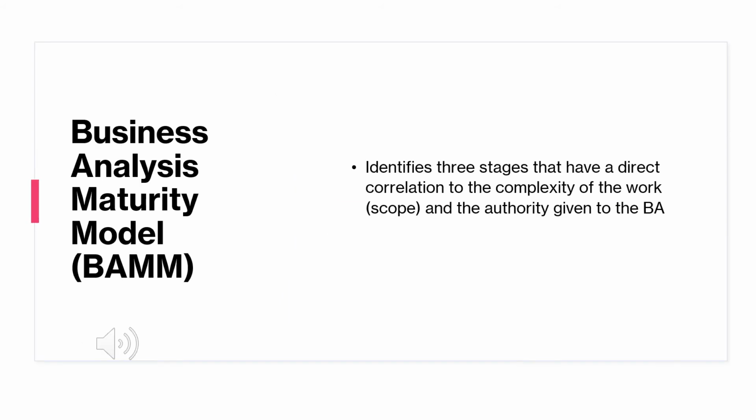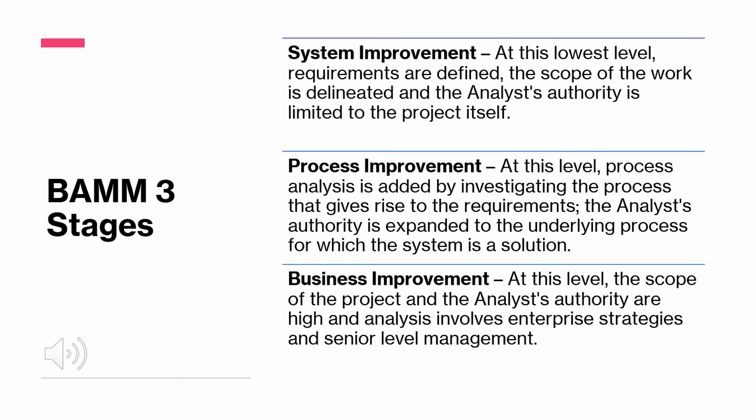Okay, the next is business analysis maturity model. And these are 3 stages that talk about the development of a company. So you can summarize this BAMM 3 stages like this. In the very beginning, you have a very basic structure and you're kind of winging it. You don't really know that much about what you're doing, but you start.